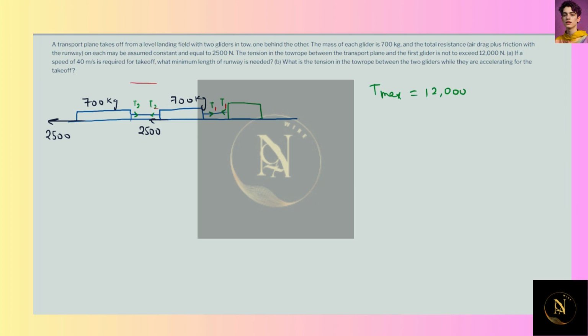Since it is accelerating with an acceleration of a, the equation of force is T1 minus T2 minus 2500 is equal to 700a, because there is another force of 2500. And T2 minus 2500 is equal to 700a, once again. I'm writing the equations for the first glider and the second glider. This is for the first one, and this is for the second one.